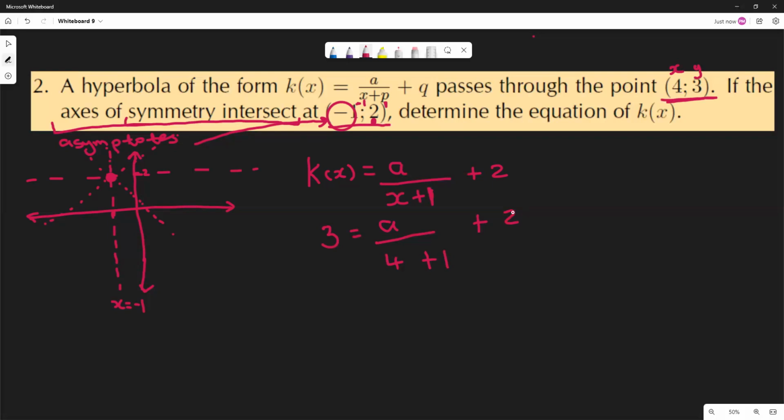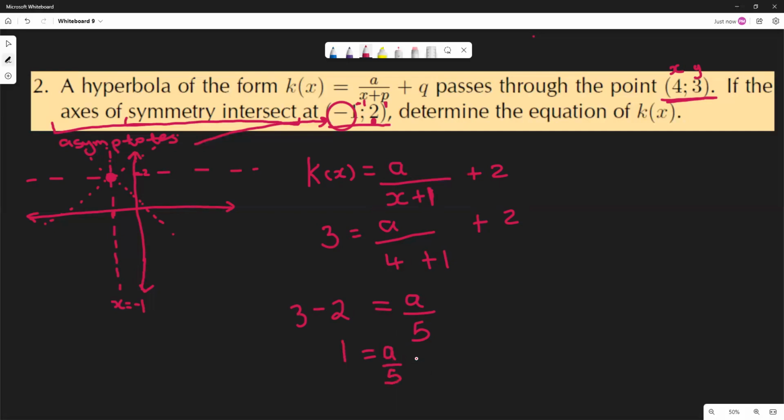I'll take this 2 to that side. So it's going to be 3 minus 2 equals a over 5, because 4 plus 1 is 5. And this will give you 1. So you have 1 equals a over 5.